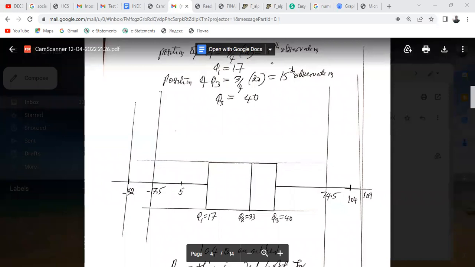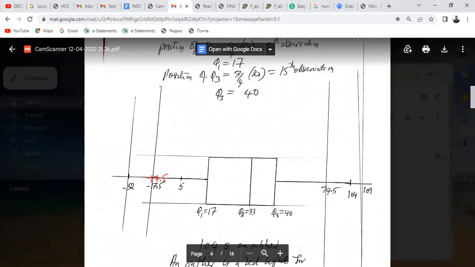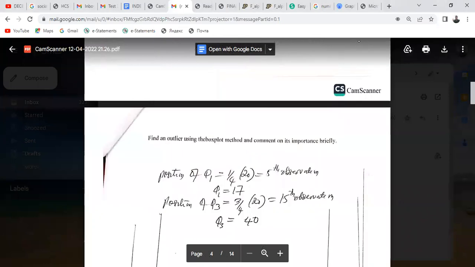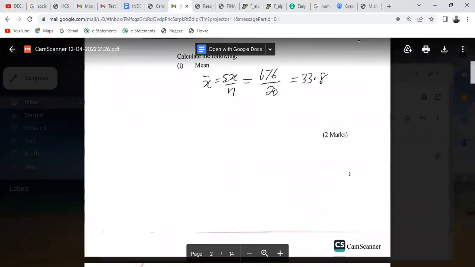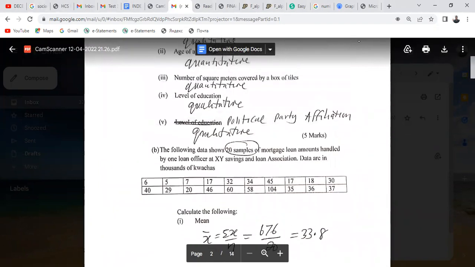We go to the data set and check if we have any figure that is smaller than that. Any figure found to be smaller than this negative 17.5 will be considered an outlier on the left.